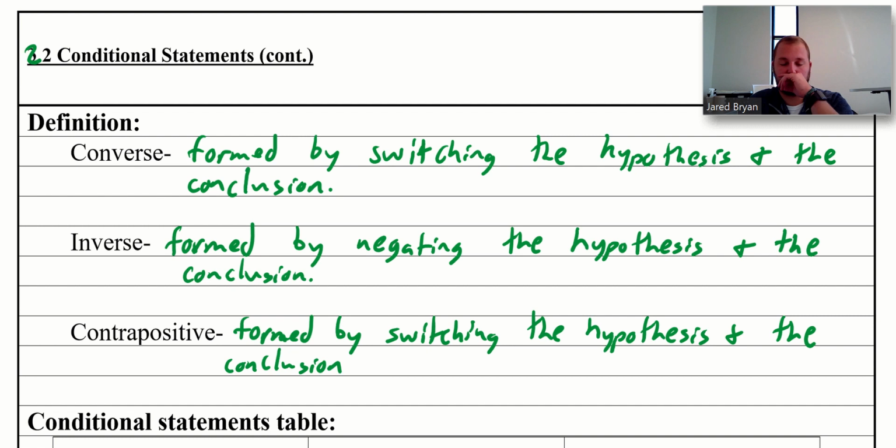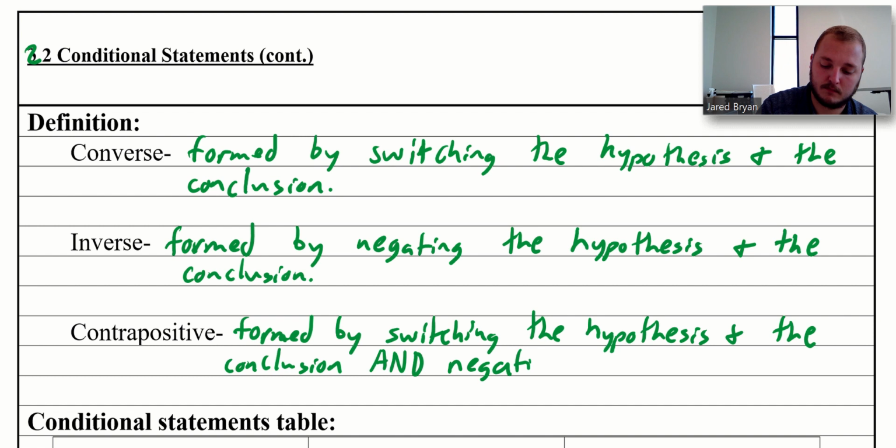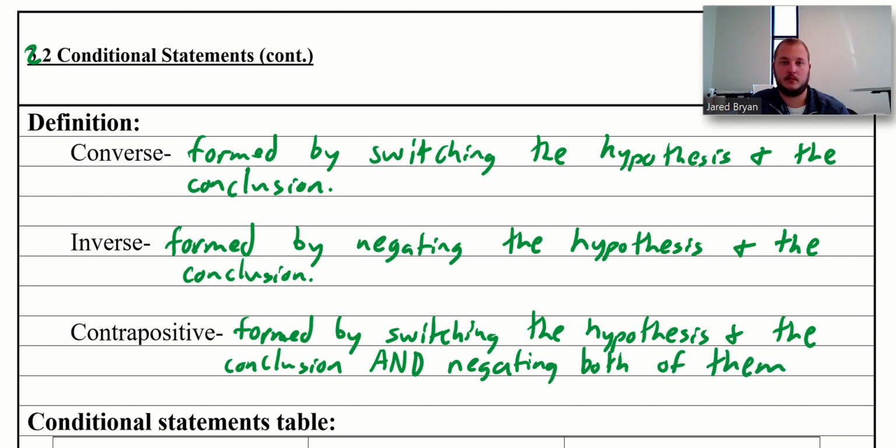So contrapositive is what we call, so same part as the converse to start, formed by switching the hypothesis and the conclusion, and negating both of them. So this is the combination of the two. I'm switching their places, and then I'm also saying the opposite of both of them.